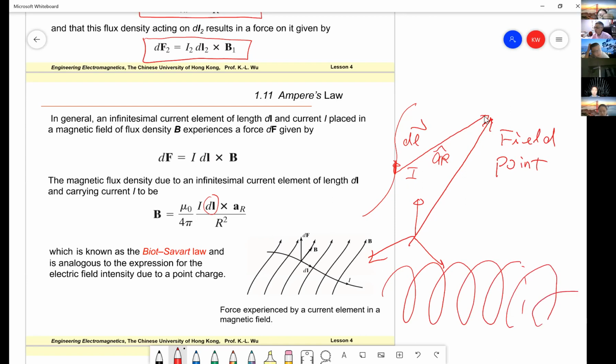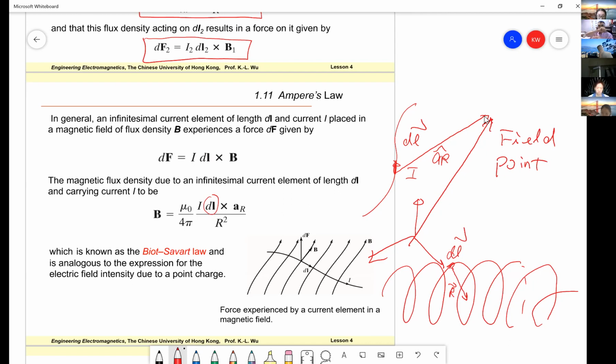Say we have a current going in this direction, the dL direction. Let's see the field inside, with R. Any observation point inside the coil, the magnetic field is always inside, and everywhere in the coil contributes to the field inside.